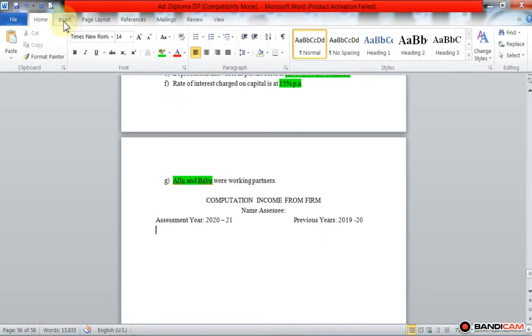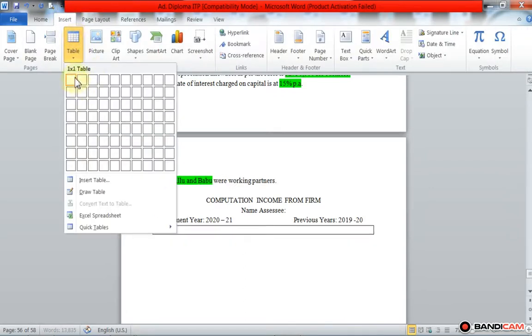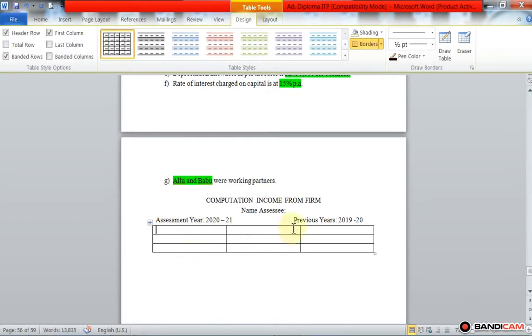Then we prepare a 3 column, particulars rupees.